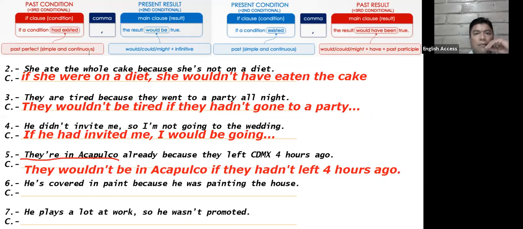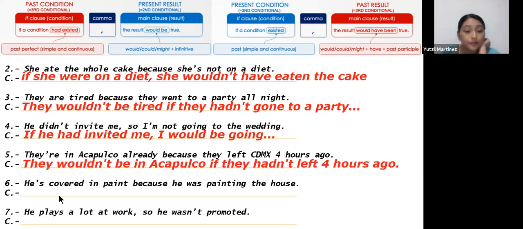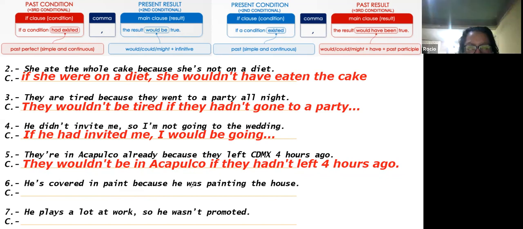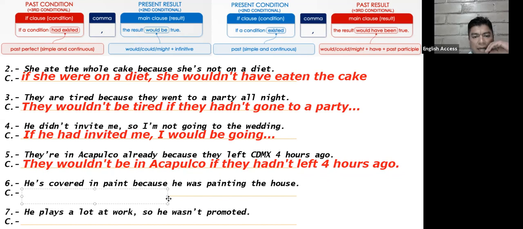Okay. Next. Perfect. Number 6. He's covered in paint because he was painting the house. What is the cause? What is the effect? The cause: he was painting the house. And the effect: he's covered in paint. So how do I say that in my hypothetical sentence?